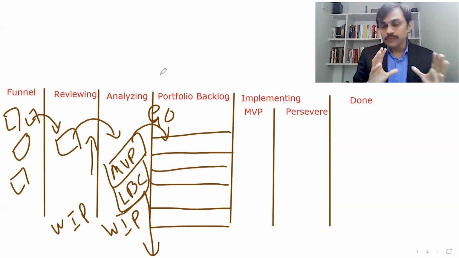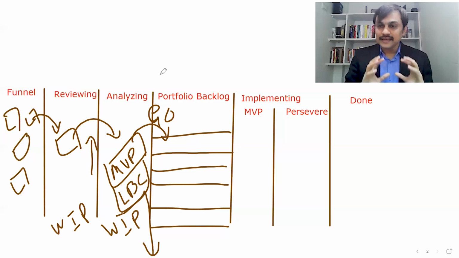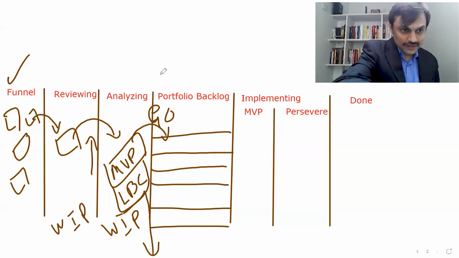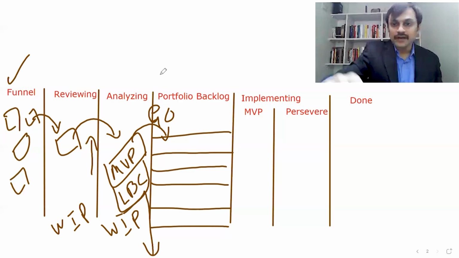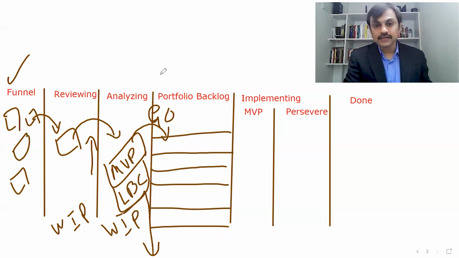And based on that, you may put your portfolio epic after the approval. A good place for an epic to stay in a waiting stage is the funnel stage, because the funnel stage is where we have less investment.